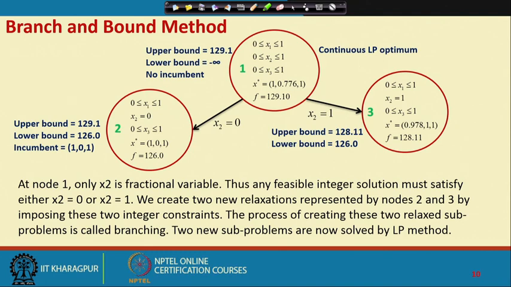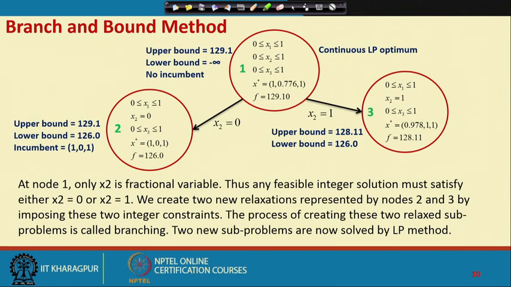Thus any feasible integer solution must satisfy either x2 equal to 0 or x2 equal to 1. At node 1, x2 is obtained as 0.776. So, any feasible integer solution must satisfy either x2 equal to 0 or x2 equal to 1.